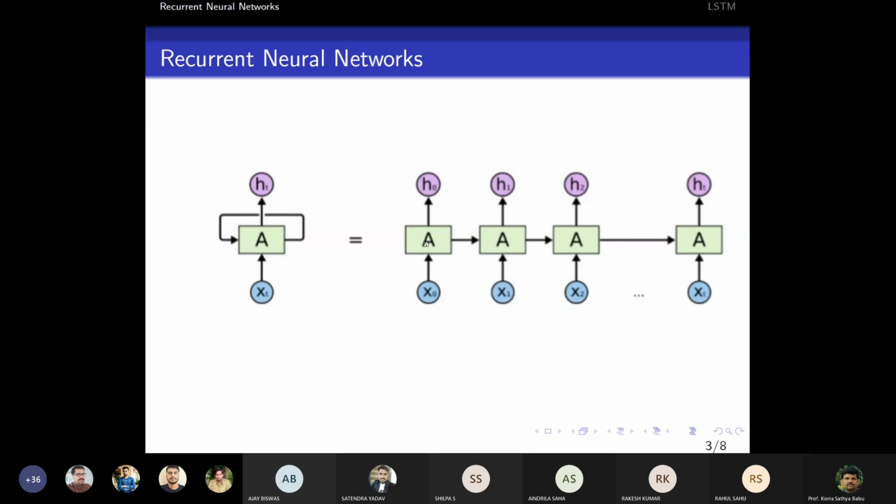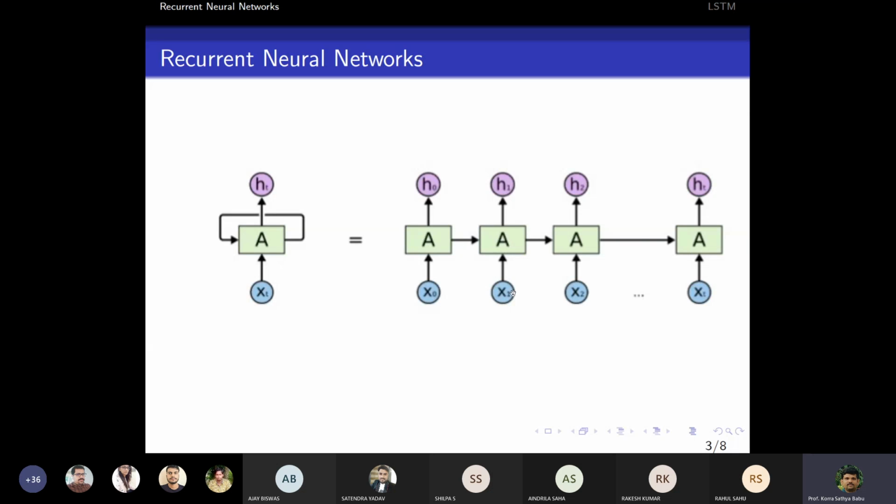Similarly, you pass it a little forward to the next step. Say t0, t1, t2, t3, t4 are the time steps. So at time t1, what happens?